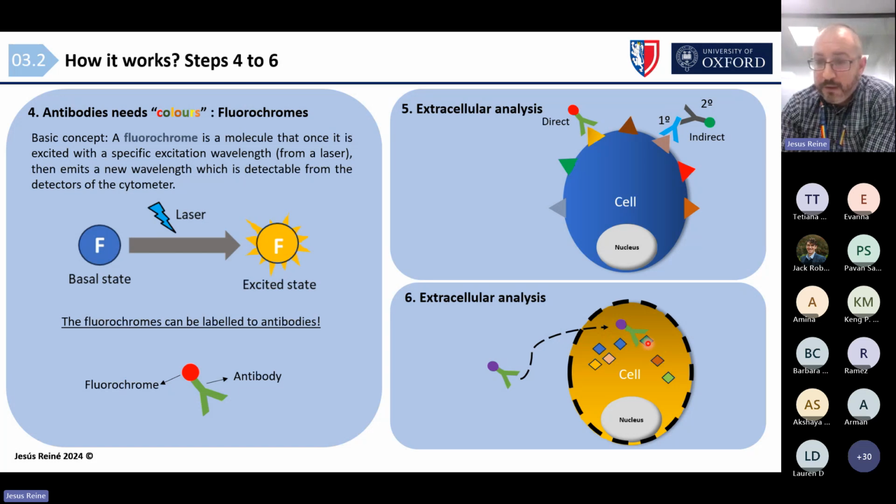The good thing is that one approach or the other can also be compatible. So we can analyze extracellular and intracellular antigens at the same time. This is a really important tool because it can provide a lot of information with a very small amount of cells.